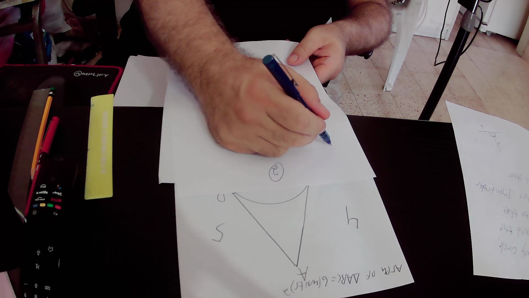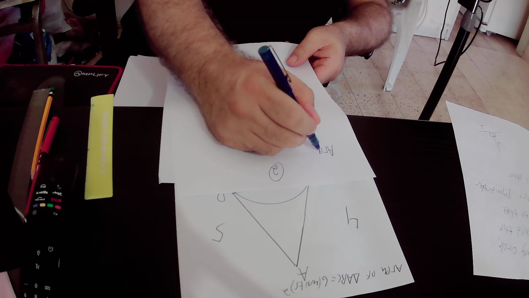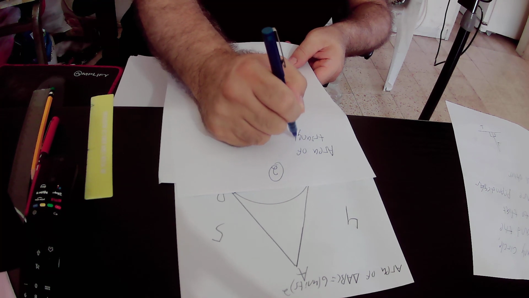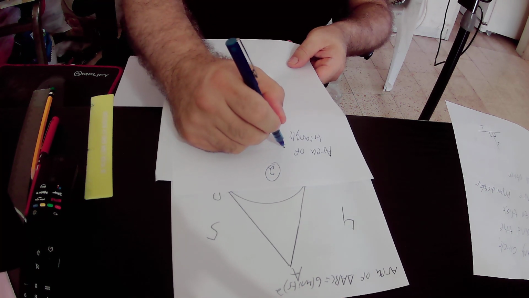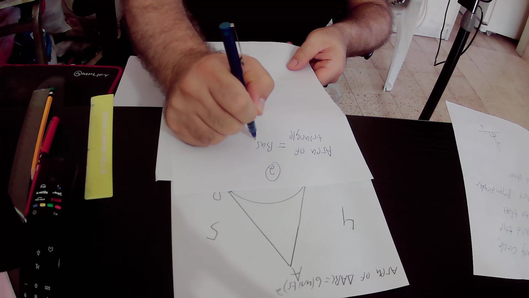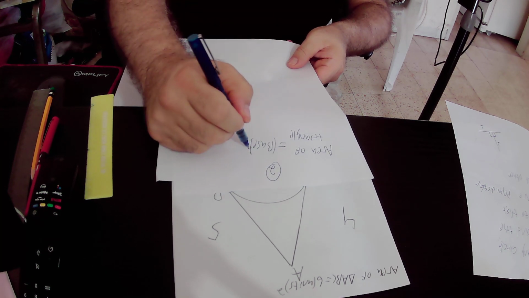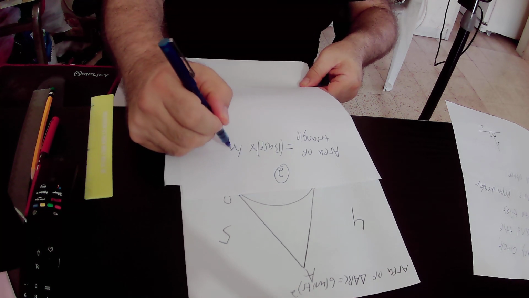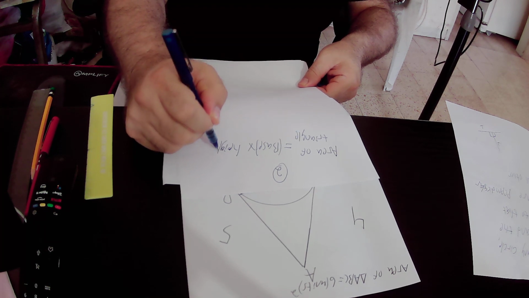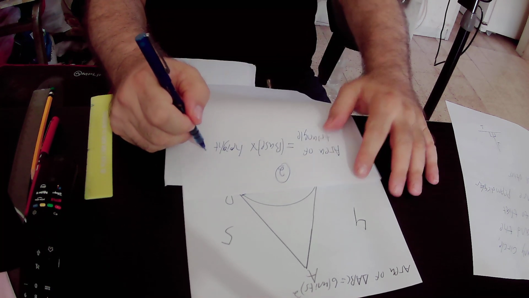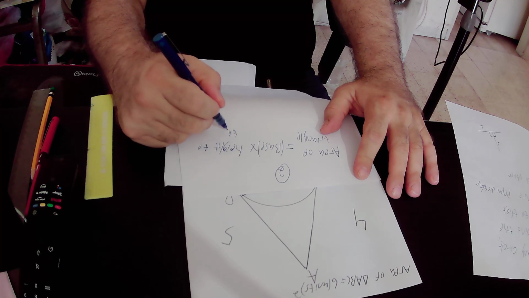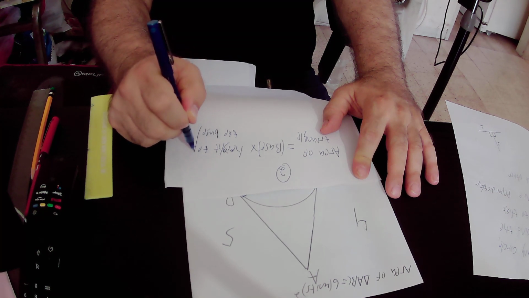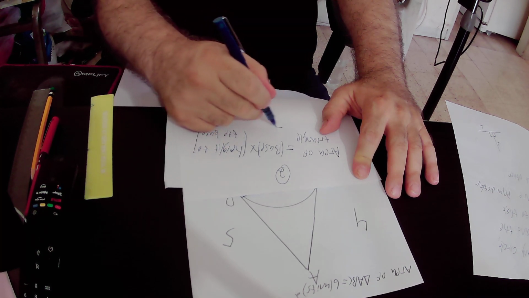The area of any triangle equals the base of the triangle times the height to the base divided by 2.